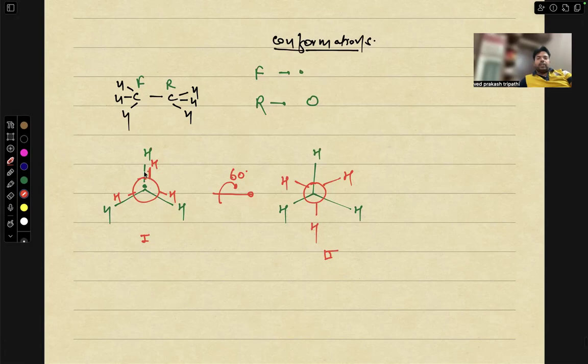Whenever the angle is 0 degrees, you can see this theta is 0 degrees. This is called the eclipsed form. And here the angle is 60 degrees between two bonds. This is called the dihedral angle, and this one is known as staggered. If you're talking about stability, the staggered form is more stable than eclipsed.